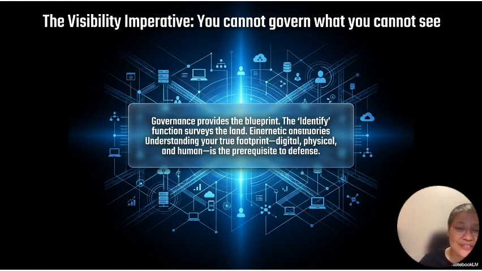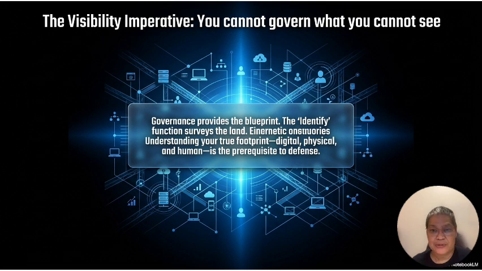So the identity function, its job is to identify what are those things, what are those assets, what are those information, right? While governance provides the blueprint, the identity function surveys the environment. So this is important because you have to see everything. So visibility is very important, or visibility is imperative.